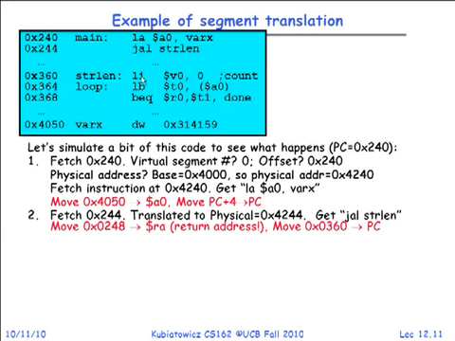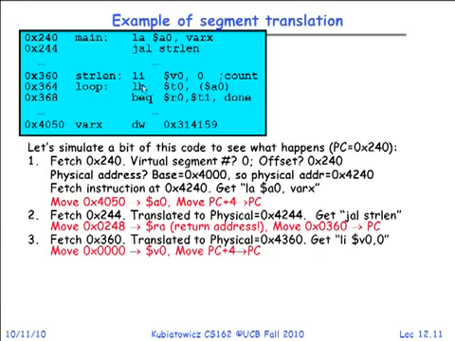Now, everybody with me? Now we're going to get something interesting, because now what we want to do is load the data that's at the contents of A0 into T0. So LB stands for what? Load byte. All right, so somebody explain to me what's going to happen here to make that work. We're going to try to execute the instruction at 364. First thing we have to do is what?